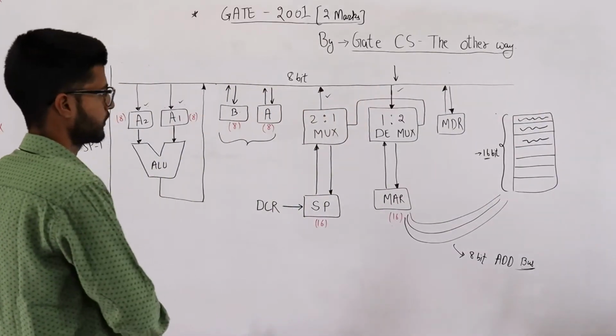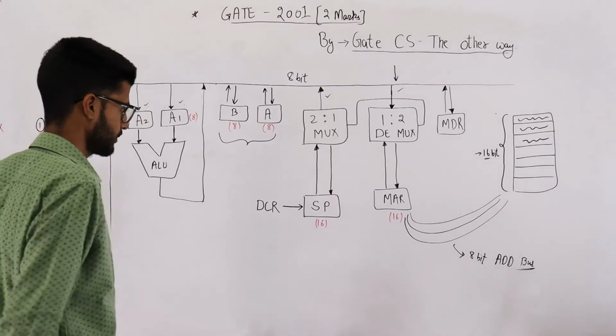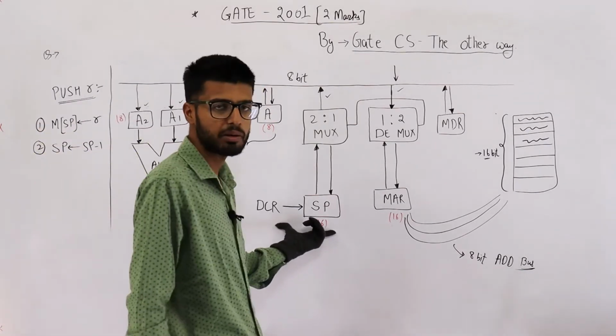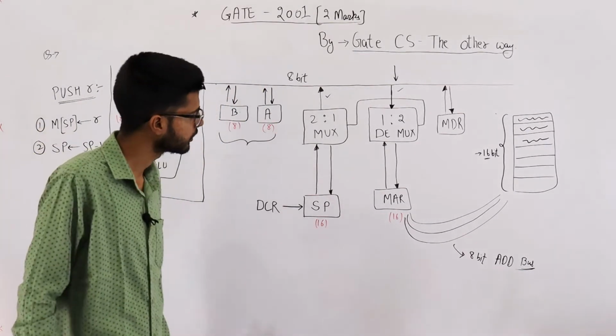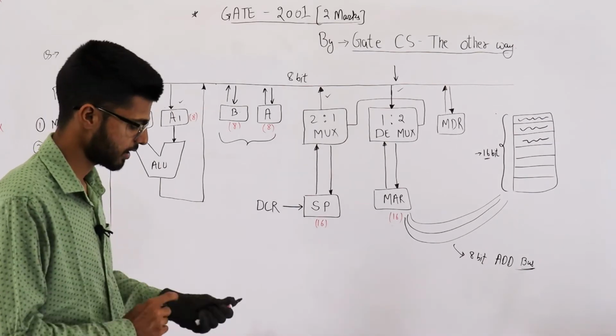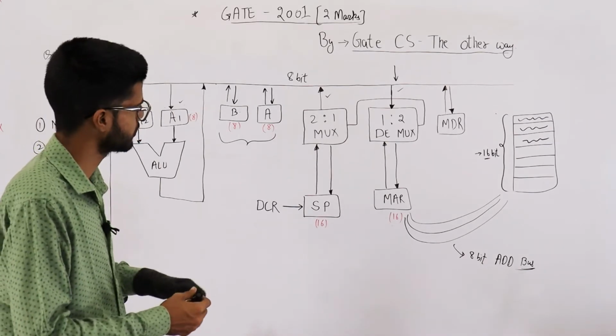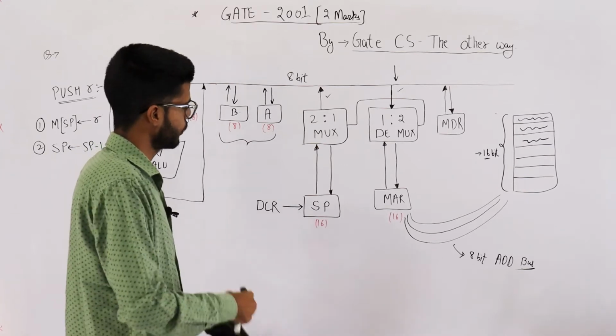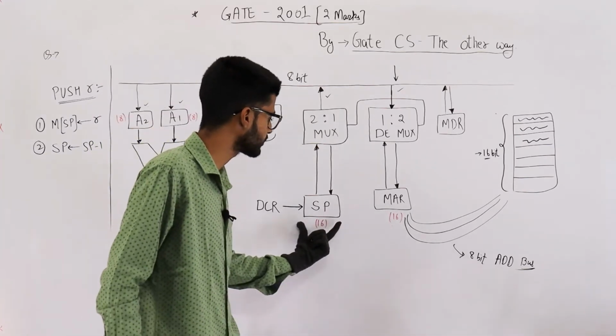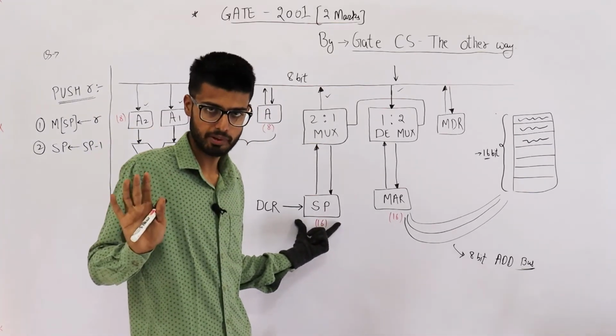Now let's say we want to access this memory location, the memory pointed to by our stack pointer. So the steps that we are going to follow will be, first of all, this register is not at all connected to the memory.